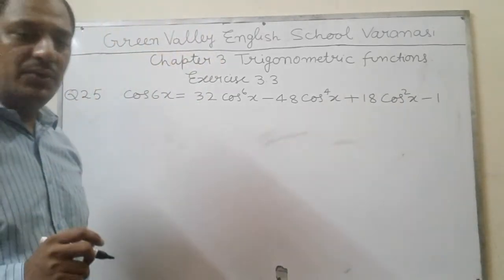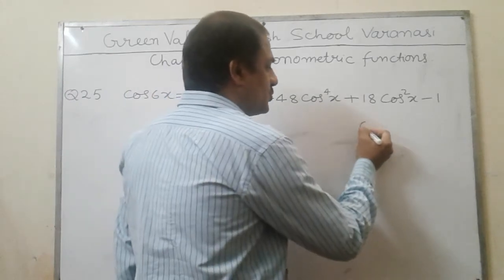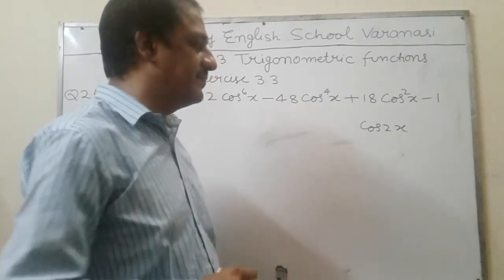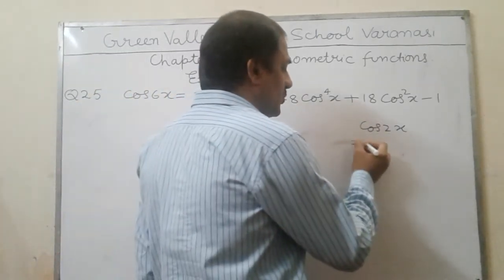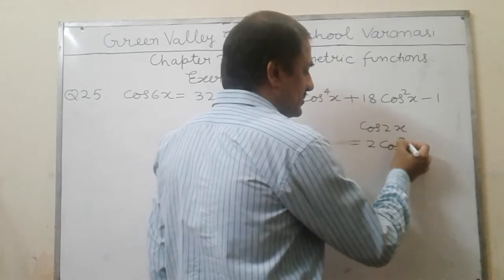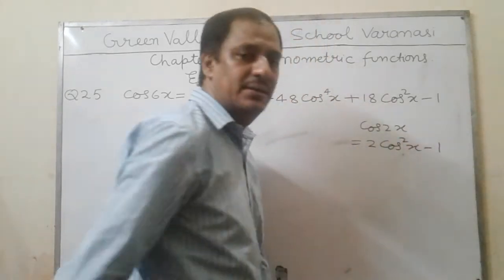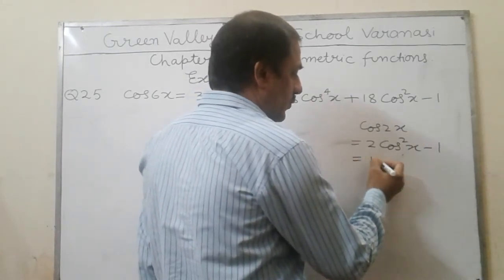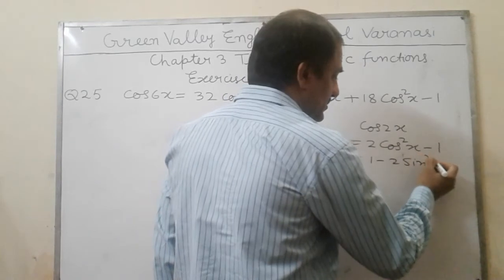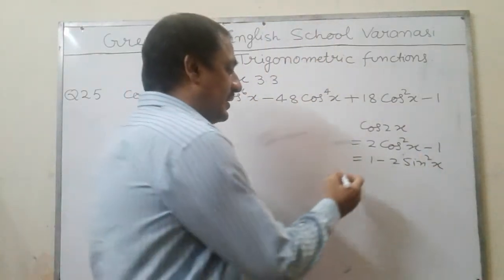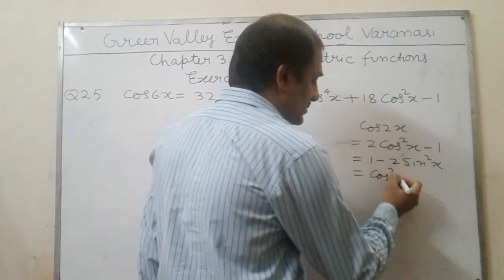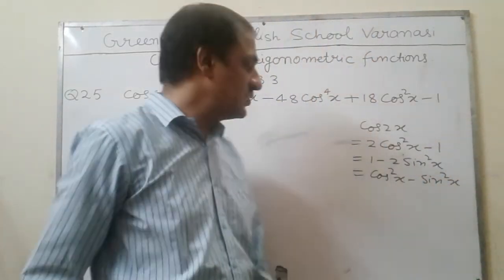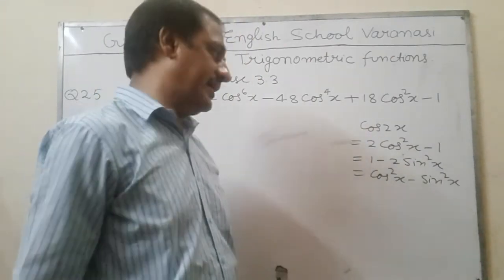Children, do you know this identity? Cos 2x is equal to 2 cos square x minus 1, and one more, 1 minus 2 sin square x, and the third one is cos square x minus sin square x.